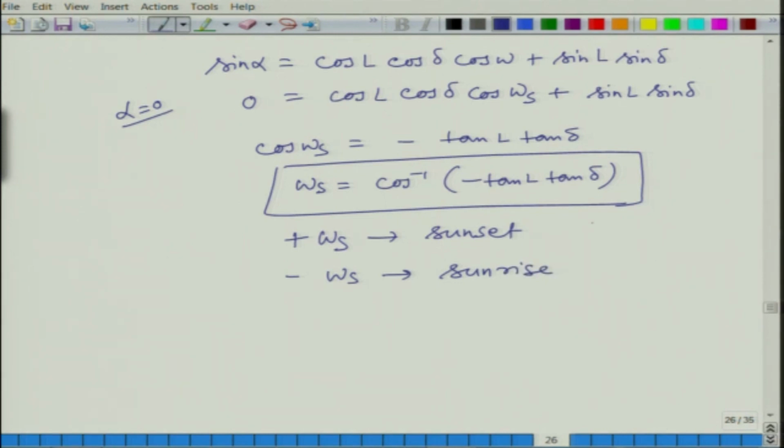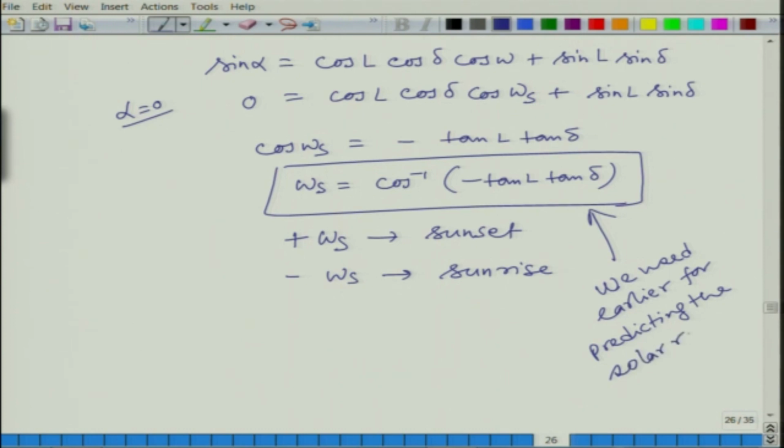And now we know exactly how to find this. This formula also we used earlier for predicting the solar radiation availability.